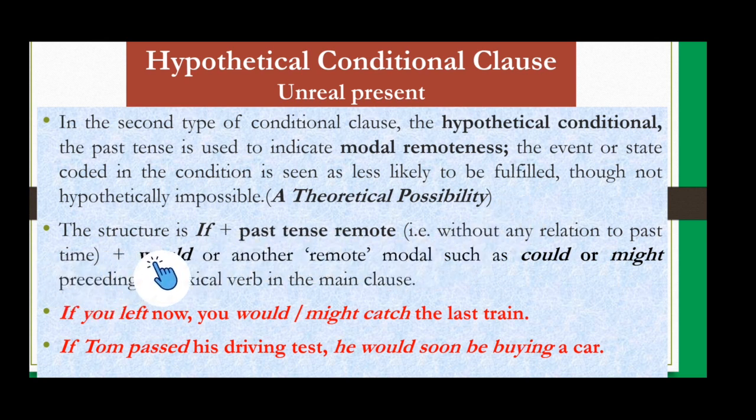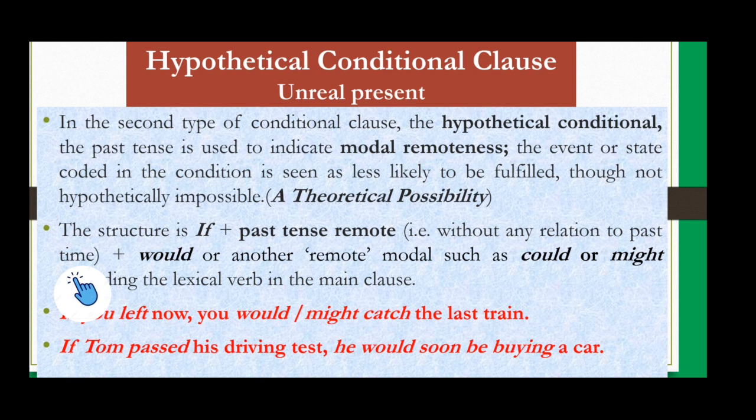So the structure is if plus past tense remote. How do we structure the type 2 conditional clause? We use the past tense in the if clause. But remember that this past tense does not refer to the past. We use past tense, but it gives the meaning of present tense, without any relation to past time.